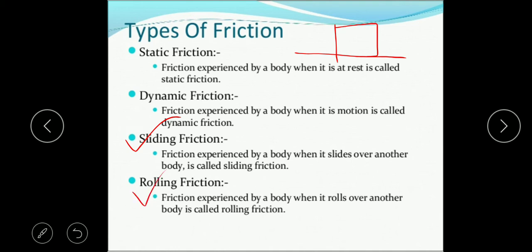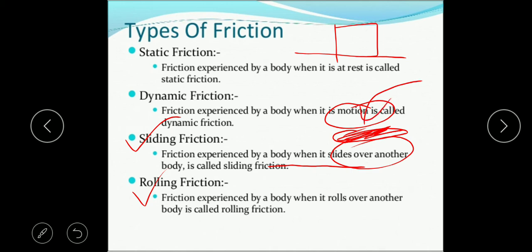The definition is simple: sliding friction is the friction experienced by a body if the body is sliding. Consider the example of a cream biscuit: one biscuit, a second biscuit, and in between there is the cream. When we remove the first biscuit, it makes some kind of sliding motion.